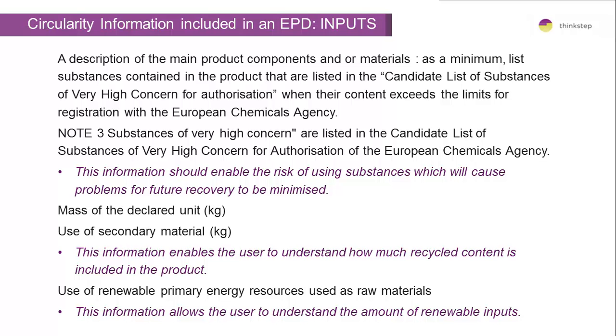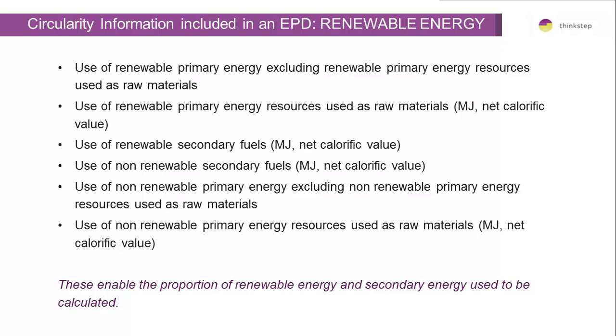I admit it could be better, but it does as a minimum do that. You've also got information on the amount of secondary material that's used and the mass of the product, so you can actually understand the recycled content of the product. And you've also got information on the amount of renewable energy that's used, and renewable material that's used. So again, you can look at that.